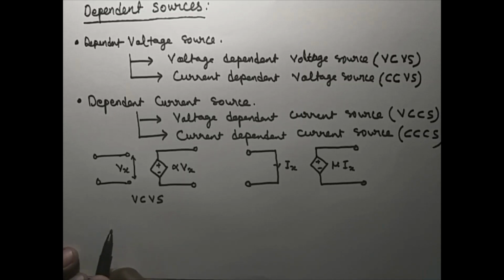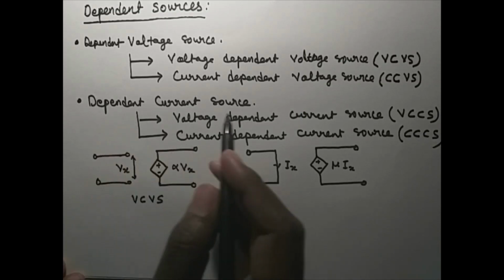Then comes the circuit diagram for the dependent current source.